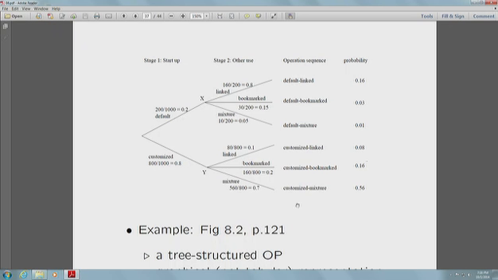Actually, when you look at the operational sequence and the probability here, that is like the tabular representation. You can flatten the graphical representation out into the tabular representation. That is also why, even with the tree structure, we still consider it as something with a flat structure, because you have this special property.